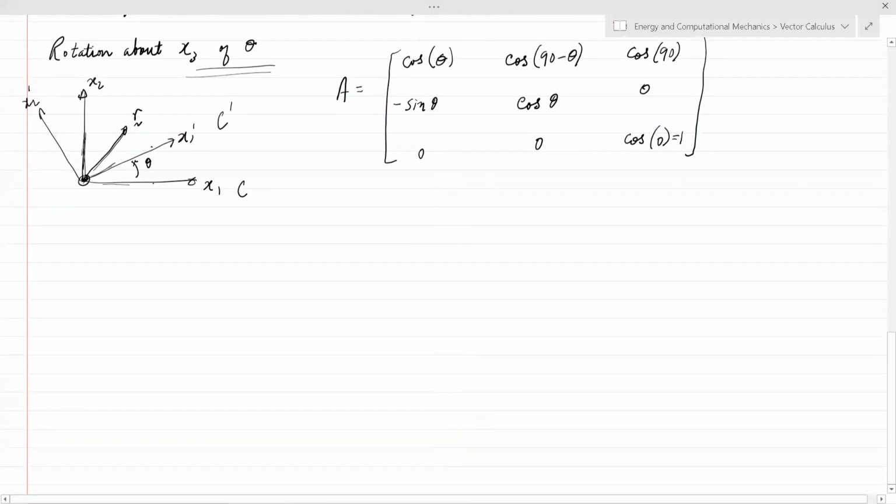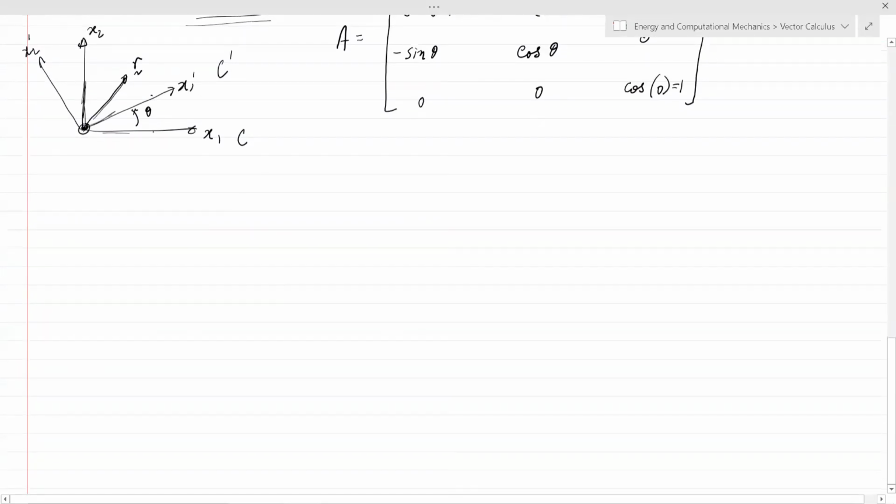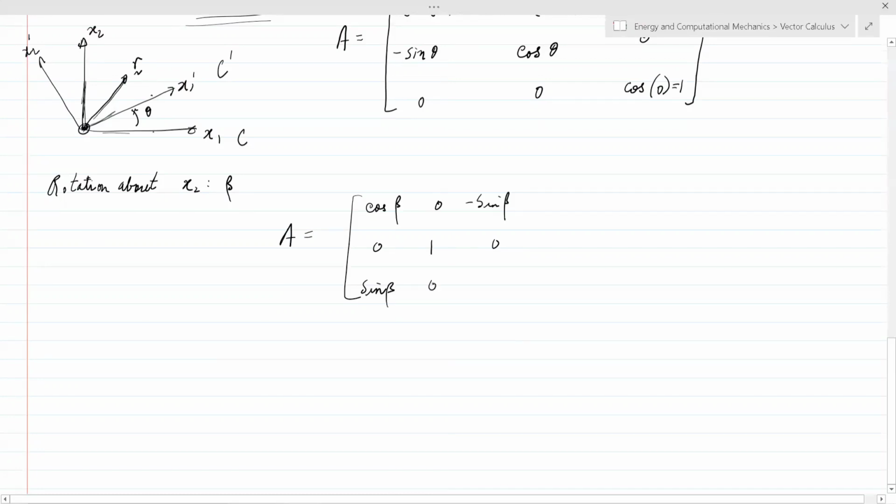You can then do rotation about x2, which we call beta instead now. So if you do that, you'll find A equals cosine beta 0, sine beta, so that's a negative, 0, 1, 0, sine beta, 0, cosine beta.